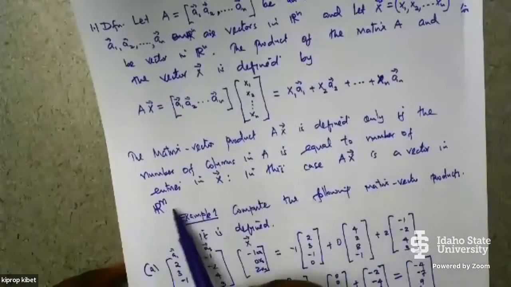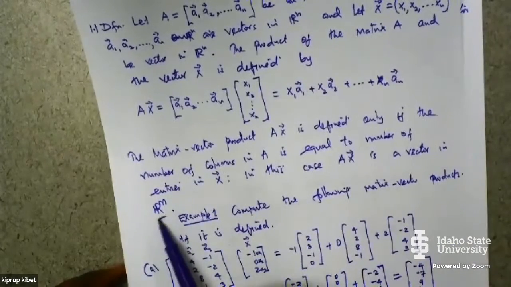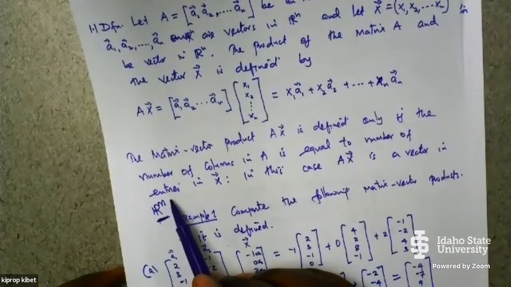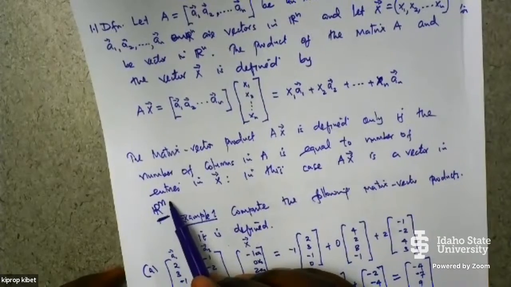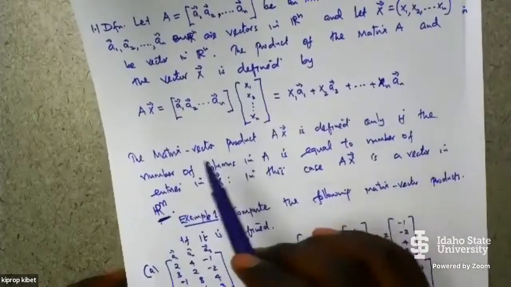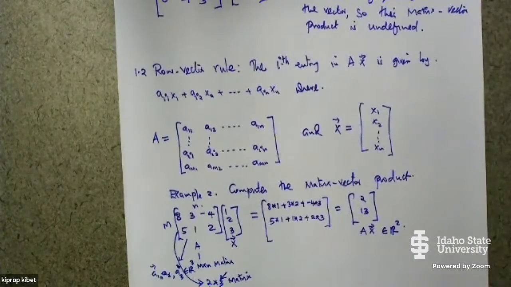In this case, Ax is a vector in Rm, and m is the number of rows. n here is the number of columns. Any question?